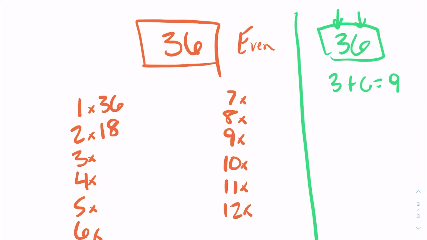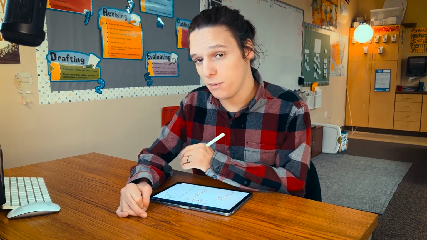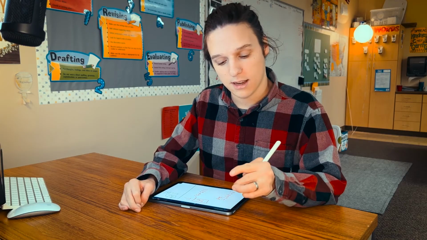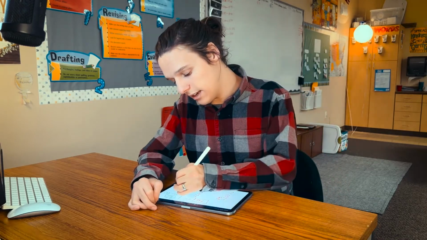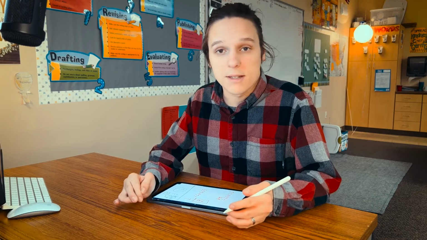Now, if the whole number, the 36, is divisible by 3, when you add those two digits together, that number will be divisible by 3. So 9, let's think if 9 is a multiple of 3. 3, 6, 9. So if it is divisible by 3, that means that your whole number, the big number, the 36 in this case, is also divisible by 3.